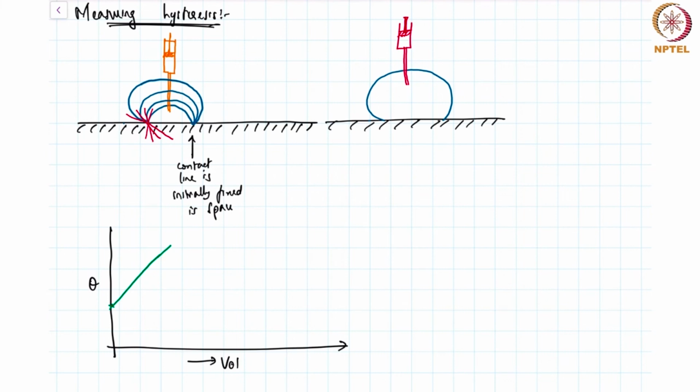Once you've reached this critical angle, the droplet will just keep spreading with the same angle. So in other words, these tangent lines that I'm going to try and draw, you should imagine that these tangent lines are basically parallel to each other.